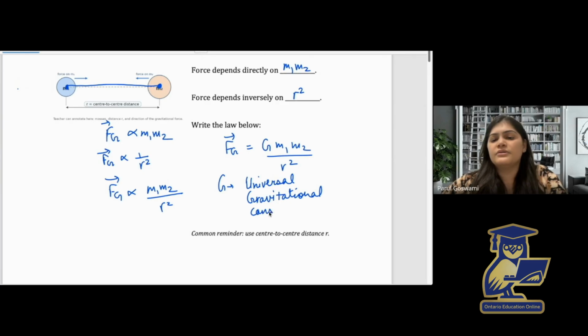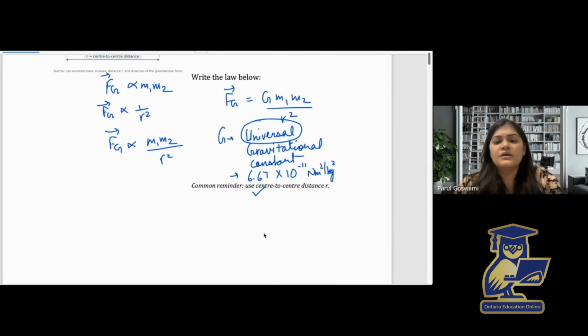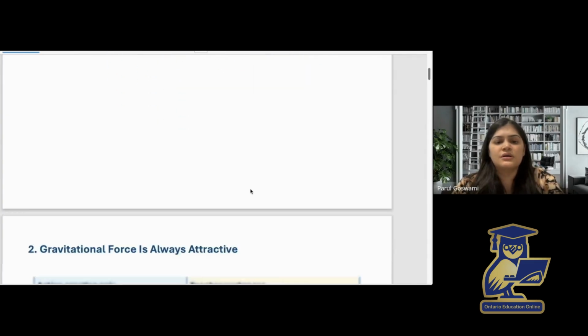The value is 6.67 times 10 raised to the power negative 11 Newton meter squared per kg squared. Universal means the value of this constant will never change, no matter what the medium is. Again, the common reminder is we have to use the center to center distance for this force.